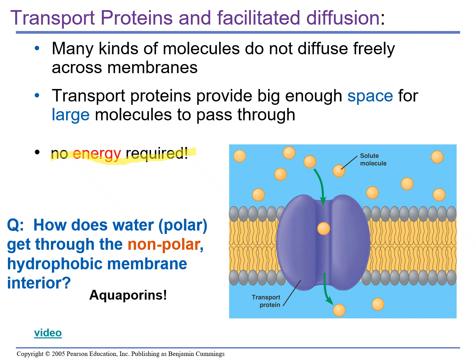So, for example, if all of these little guys were water molecules, we would also know that the purple transport protein is an aquaporin.